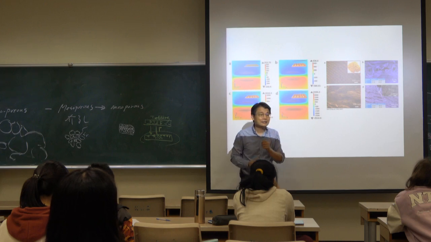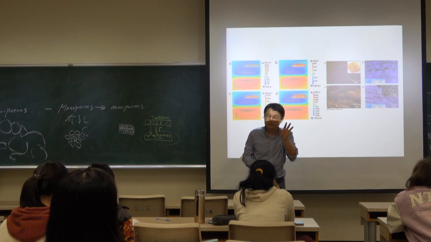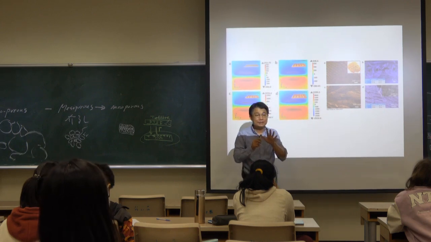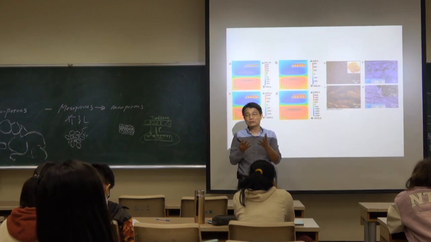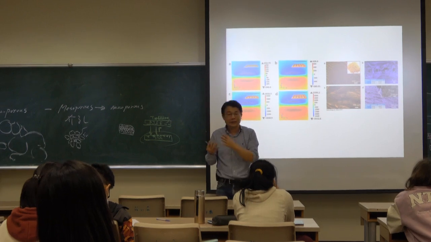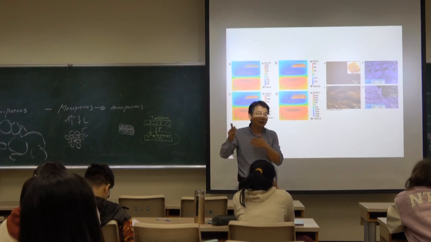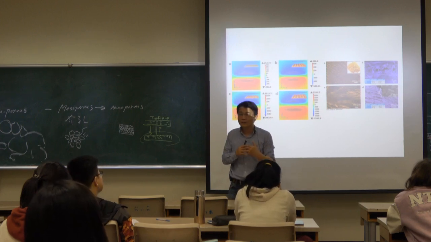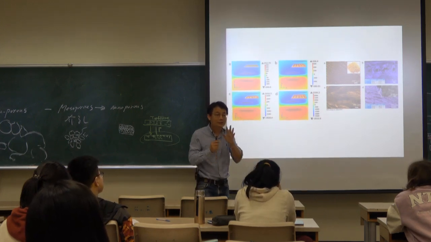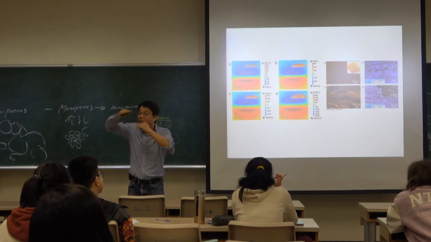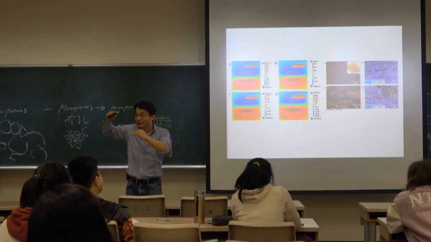You may curiously ask me, Professor, is that large or small? Can I have something to benchmark? Because you told me about 100, 200, so I don't have any idea whether that is higher or lower. Do you understand what I mean? The value of the triboelectric potential is relative.